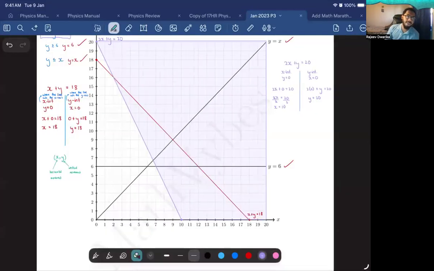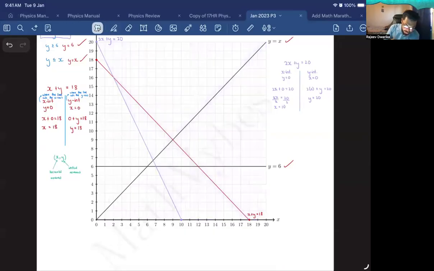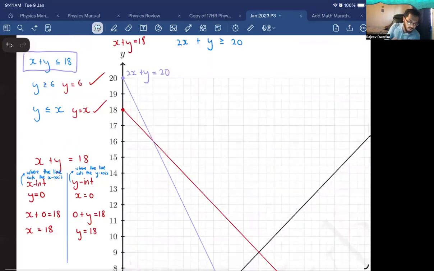Okay, I'll explain it to you all in a different manner, and it will make more sense in this manner. Darius, all right, so I'm going to shade all the inequalities, and it's supposed to make sense. Let me start off with y is more than or equal to 6.